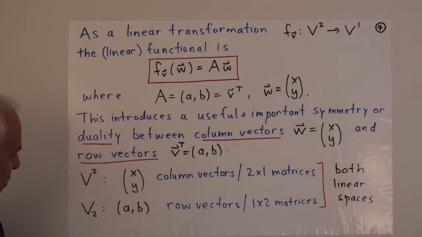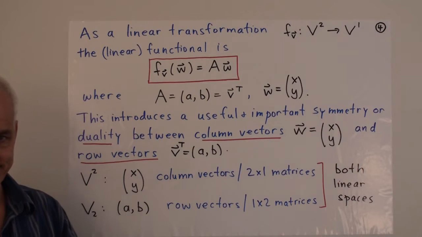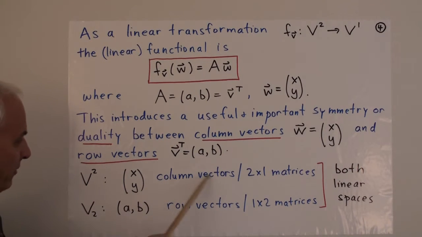Maybe we could introduce some notation: we could refer to the row vectors as the space V with the 2 index at the bottom, where our column vectors are represented by V with the 2 up at the top.